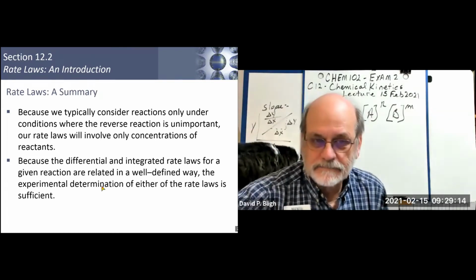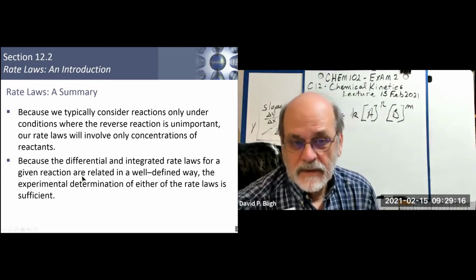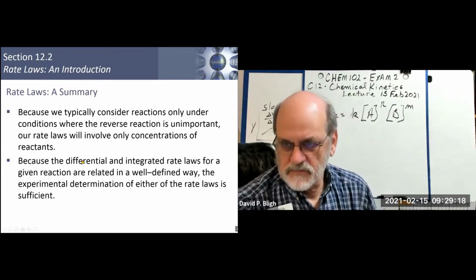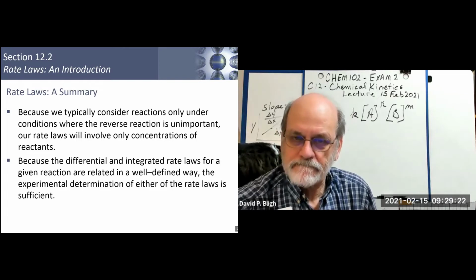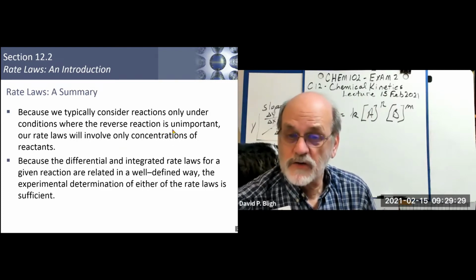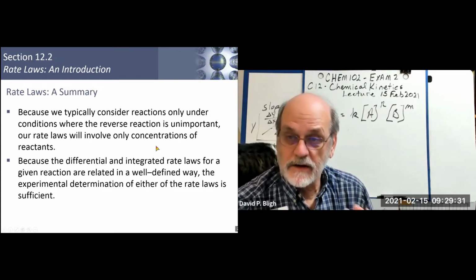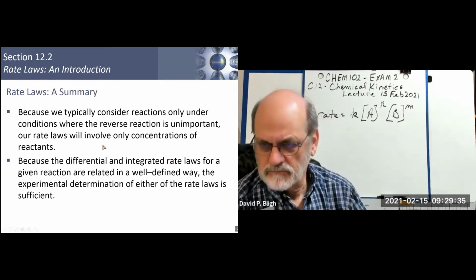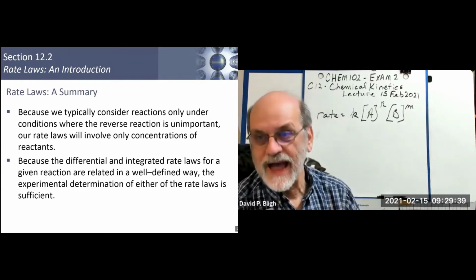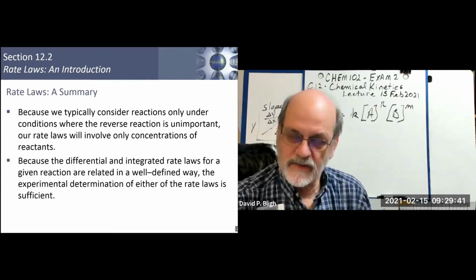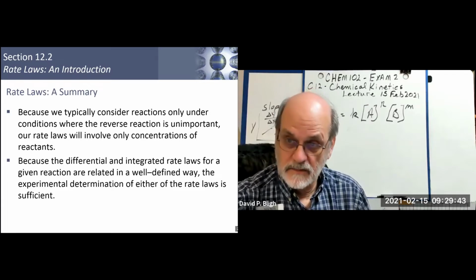Okay. So these are just summaries of what we covered so far. And this just says, because we try to minimize the effect of reverse reactions, we generally study reactions based on the disappearance of reactants rather than the appearance of products.